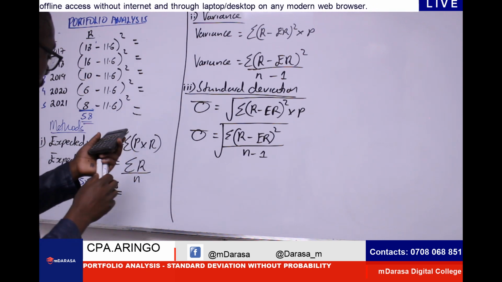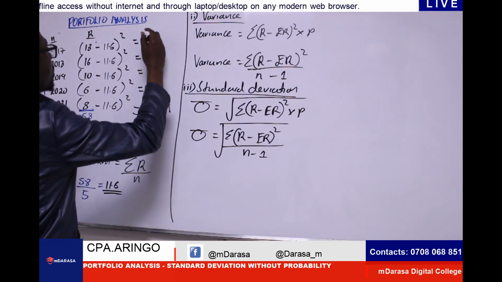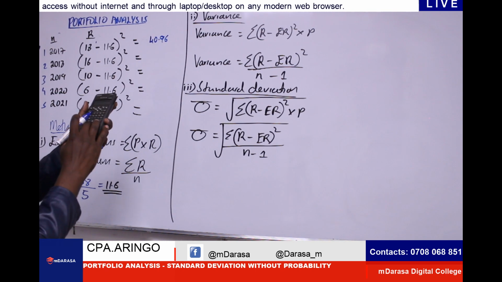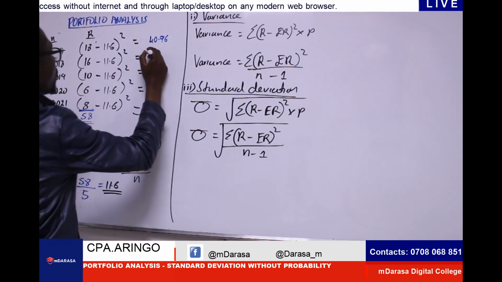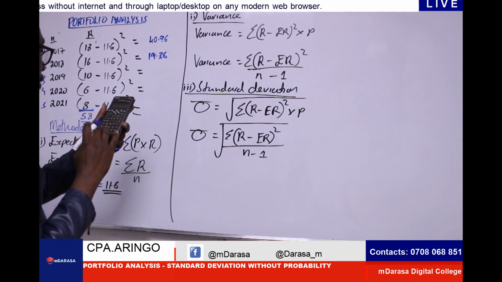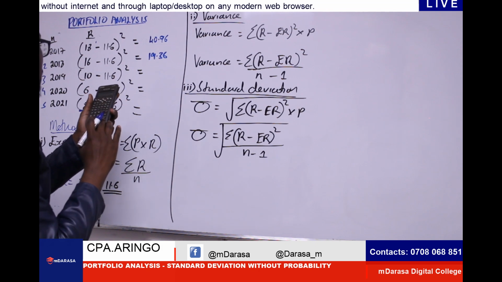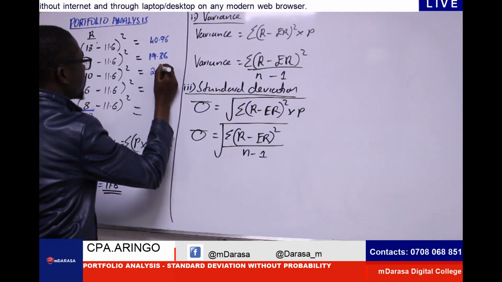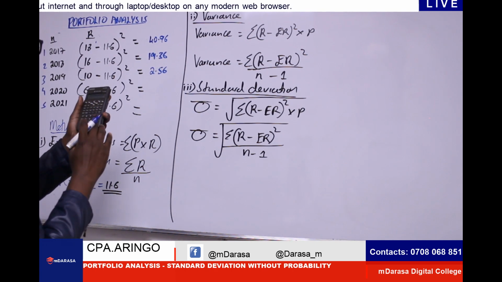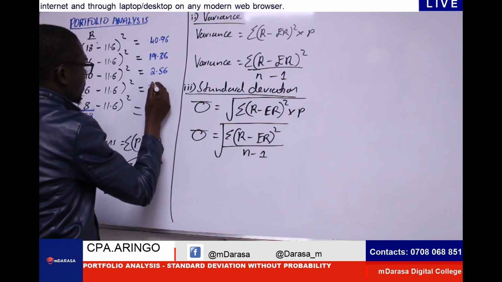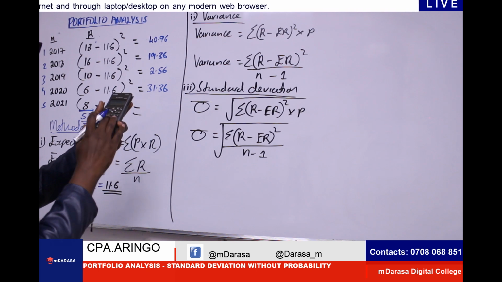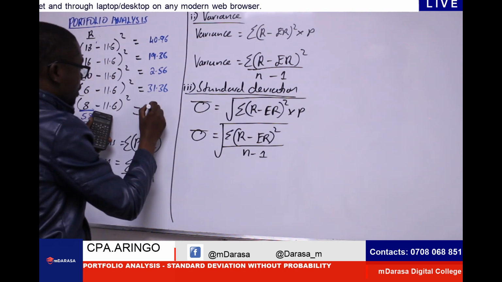This should give us 40.96. 16 minus 11.6 squared should give us 19.36. 10 minus 11.6 squared should give us 2.56. 6 minus 11.6 squared should give us 31.36. And finally, 8 minus 11.6, we square that one, that should give us 12.96.